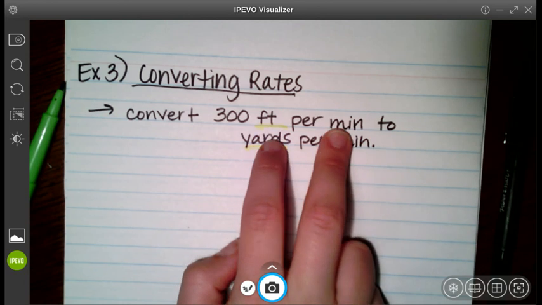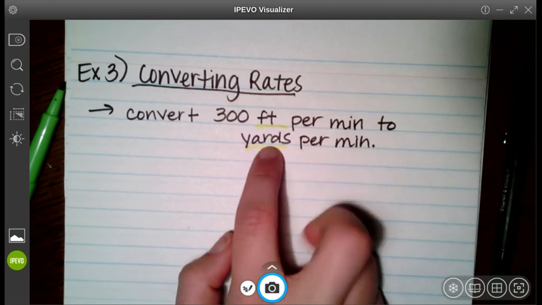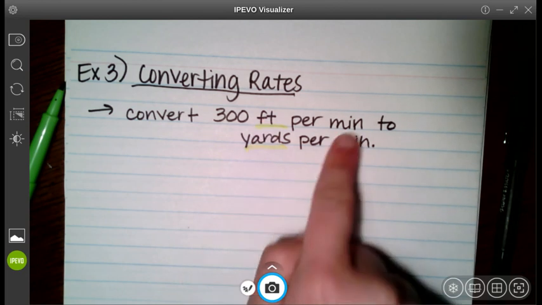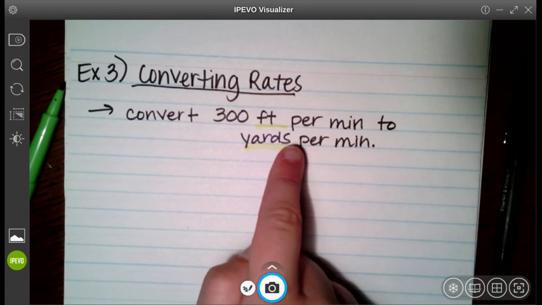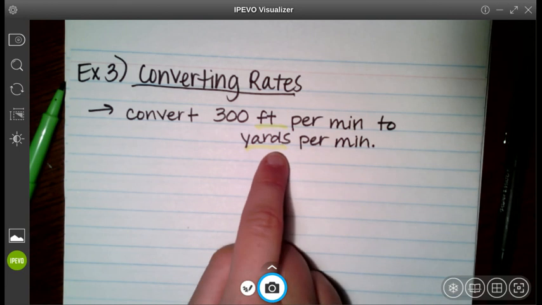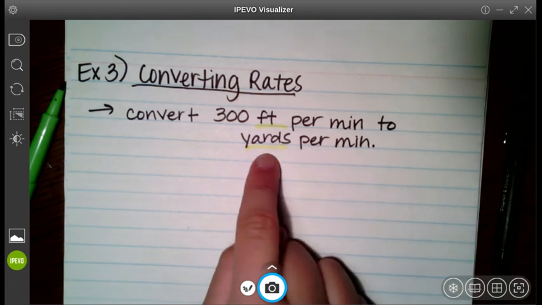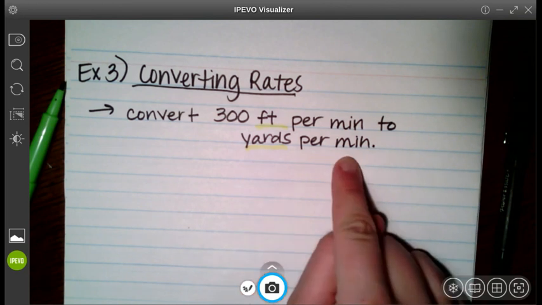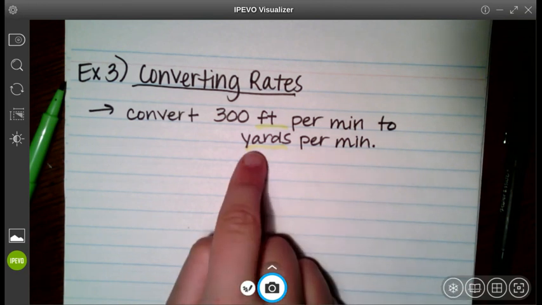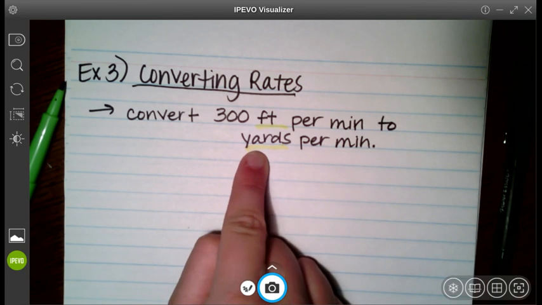I just want my answer to be in yards and minutes. If you're starting to see a lot of units, it might be a rate, and you really have to zoom in on what units are actually being converted. I just want my distance to be a different unit.